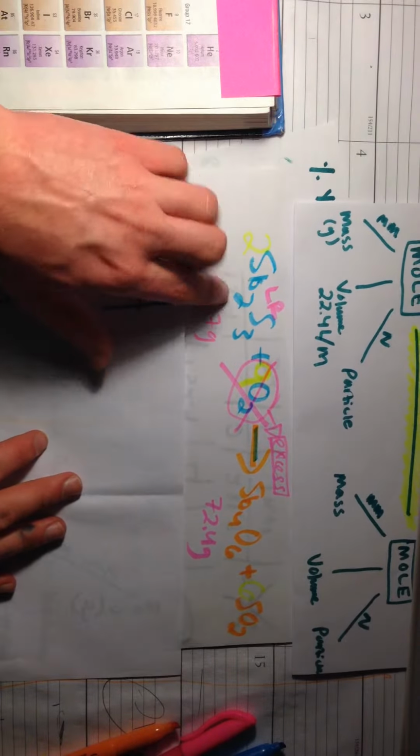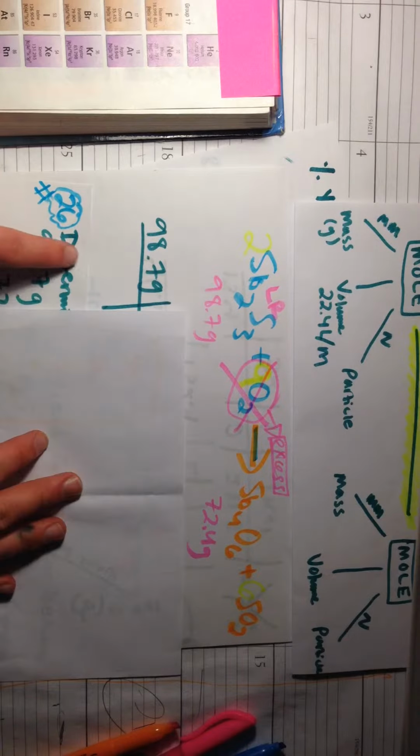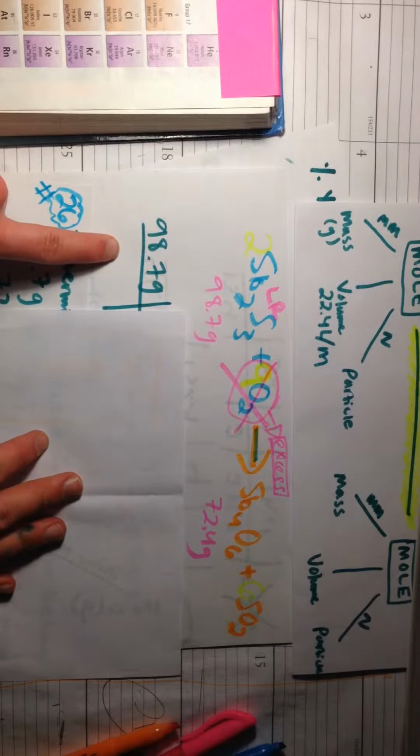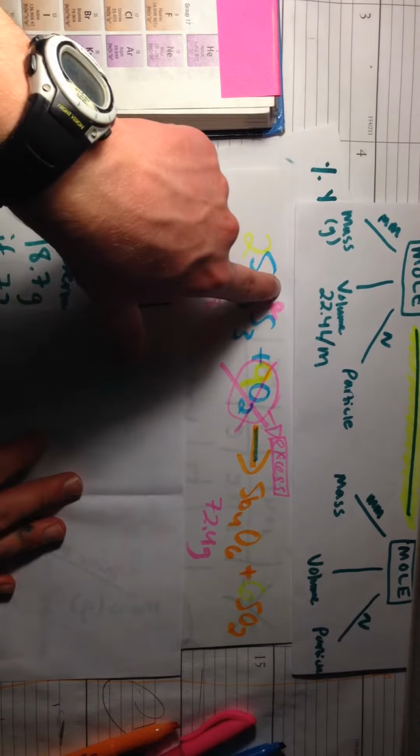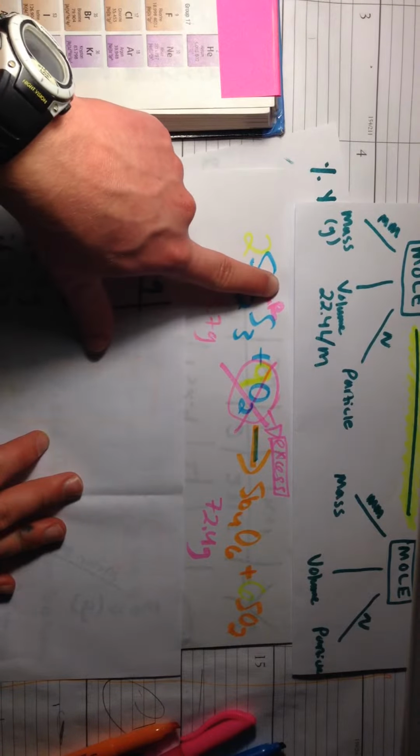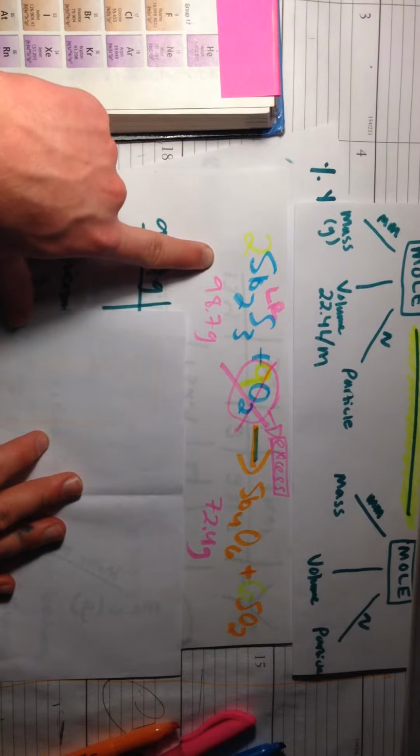So this is our original equation here, and we're given 98.7 grams of Sb2S3. So we're in grams and we want to go to moles. So we're going to divide by the molar mass of Sb2S3.